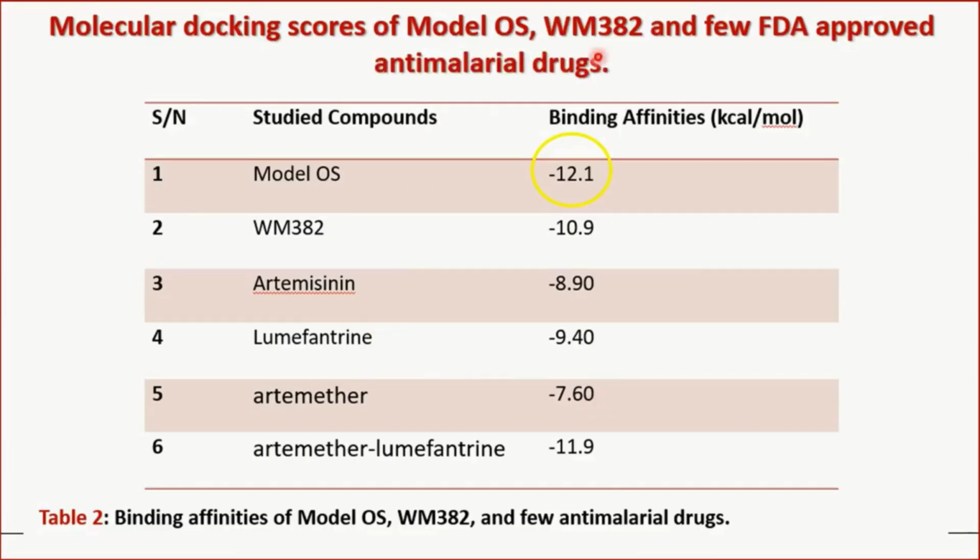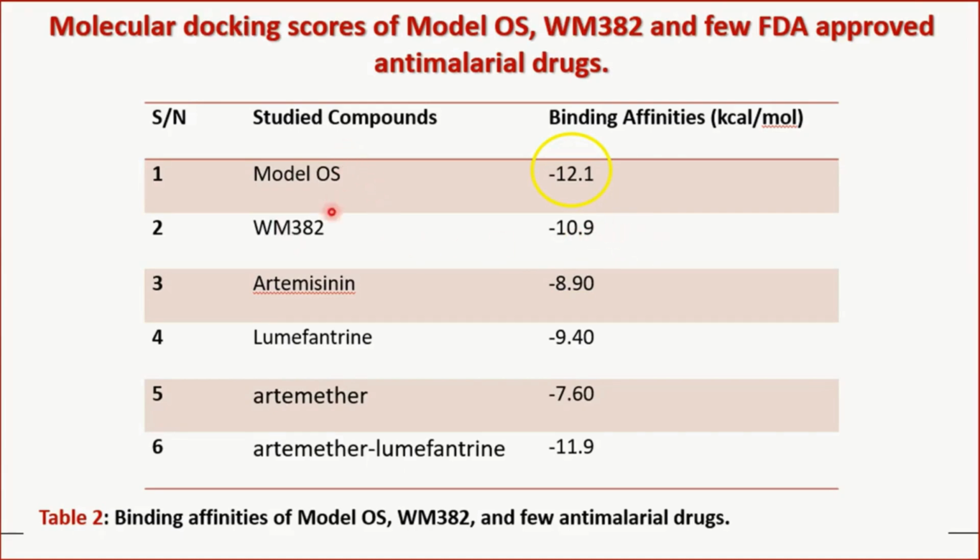So when we look at this, this is an anti-malaria drug I worked on in the past. You discover that upon optimization, the binding affinity of the model certainly improved. The model began to bind with a negative energy of 12.1, while the original compound is giving us negative 10.9.